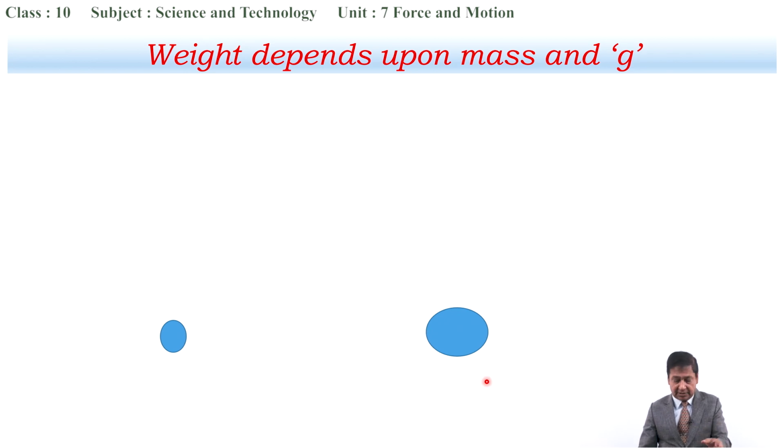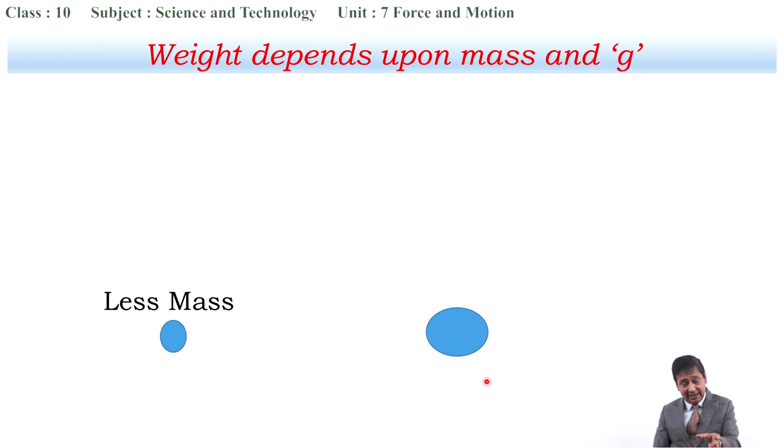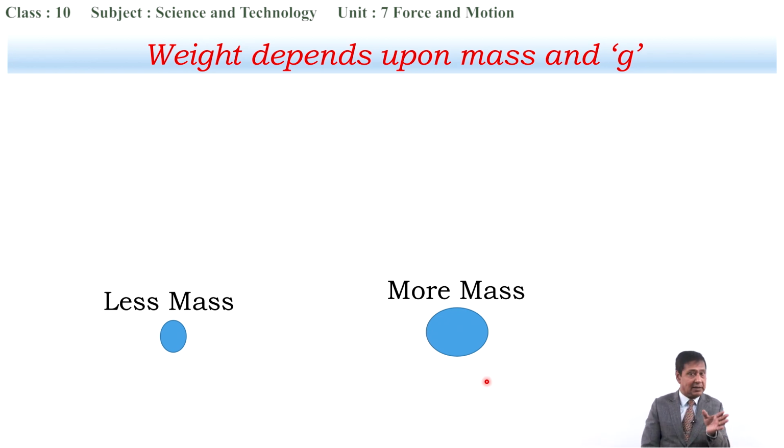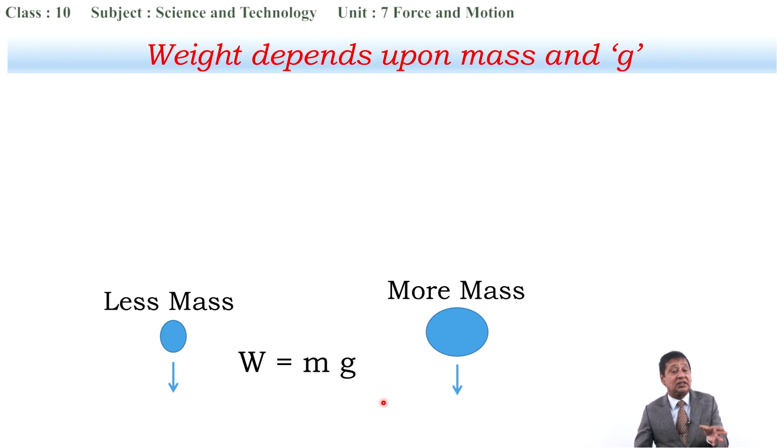It means the mass of the first is less, and the mass of the second piece of iron is more. Both of them are attracted by the earth. The amount of force with which the earth attracts these masses is the weight of these masses. That can be calculated by using this equation W equal to mg.